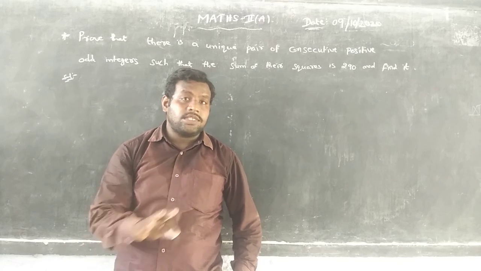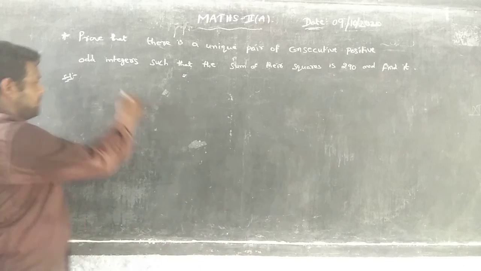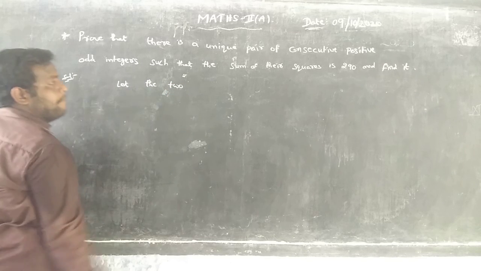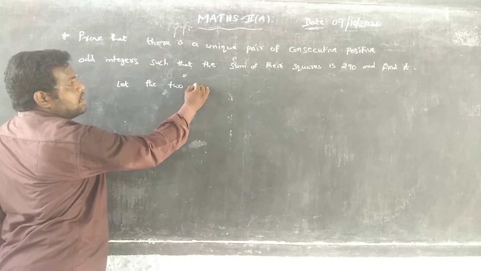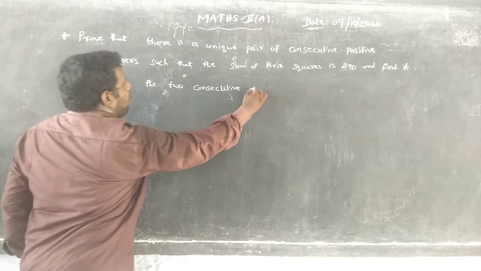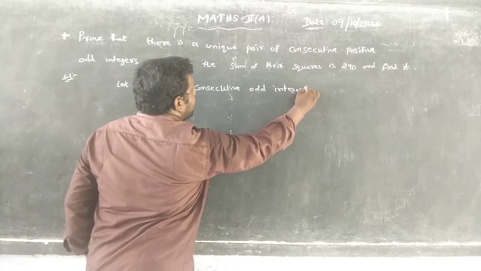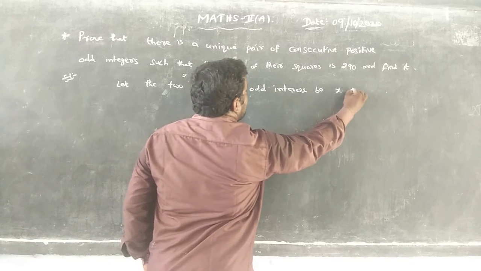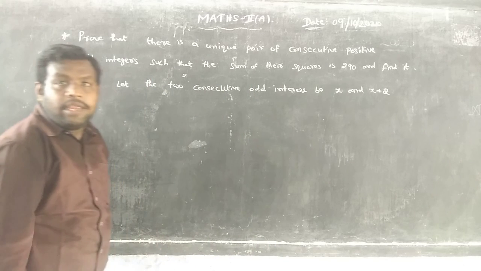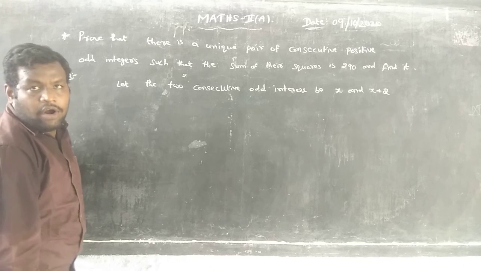What is the difference between consecutive odd integers? The difference is 2. So let the two consecutive odd integers be x and x plus 2, because odd integers differ by 2. So x and x plus 2 are the odd integers.